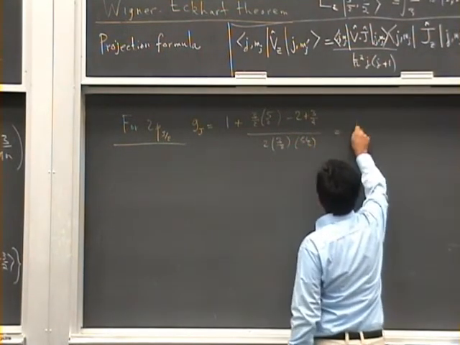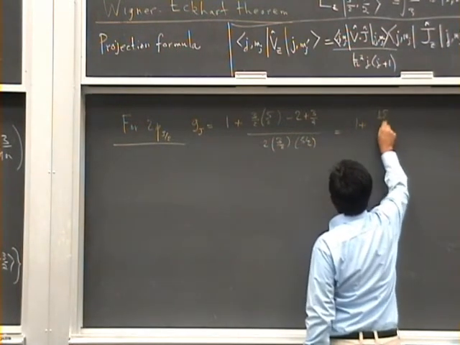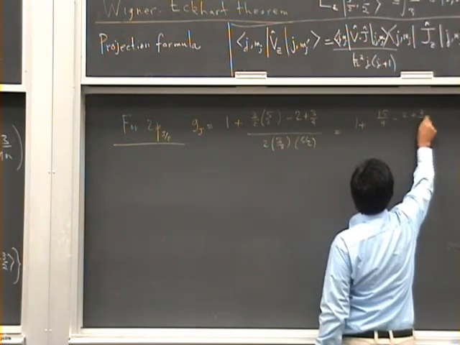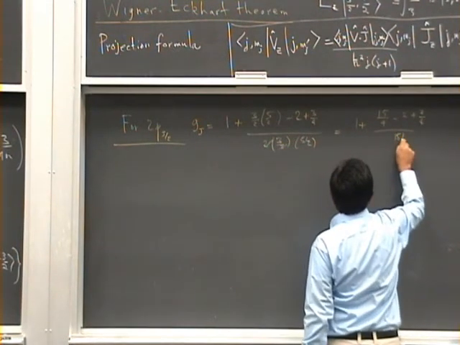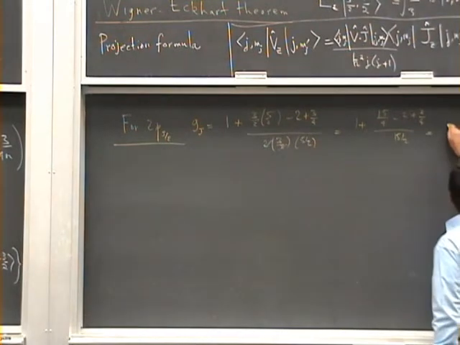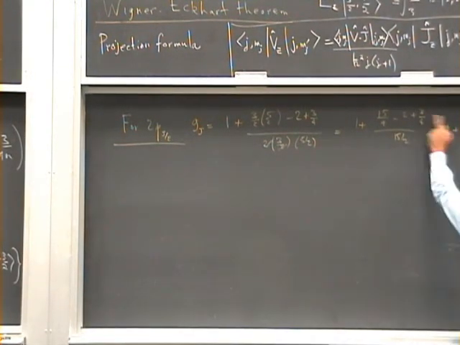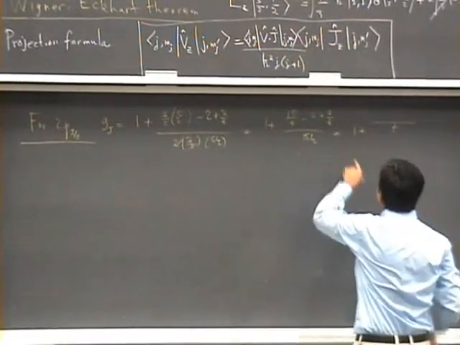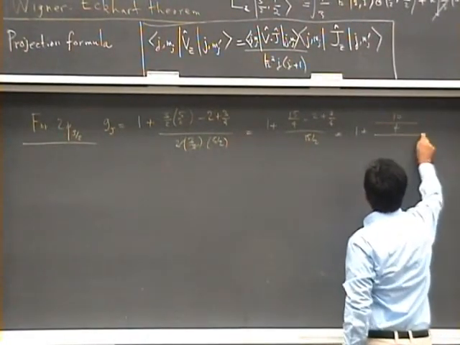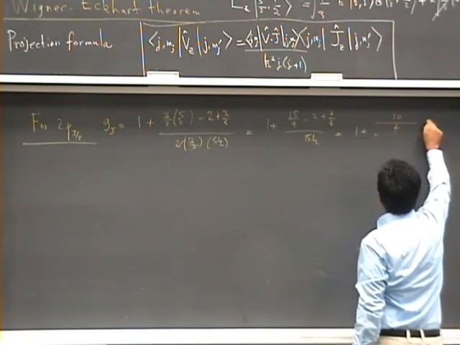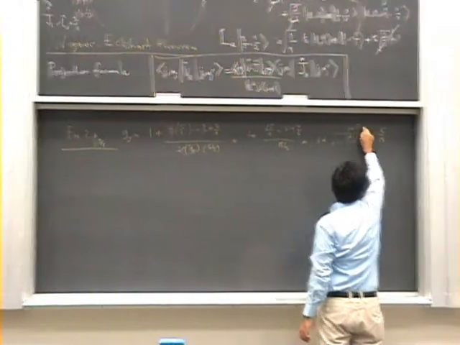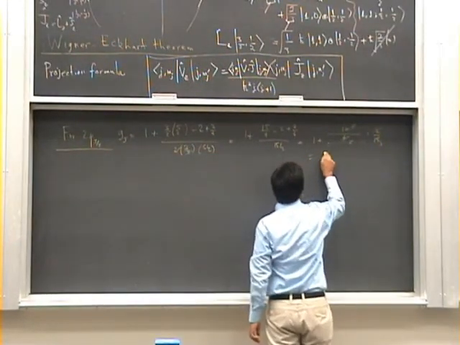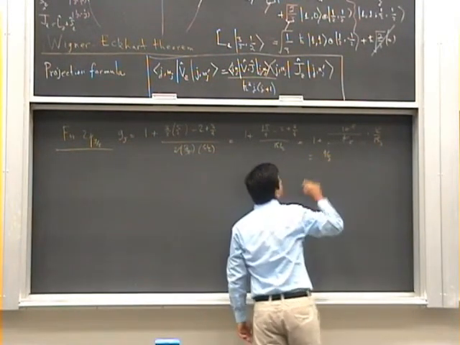So I get 1 plus 15/4 minus 2 plus 3/4, and this becomes 1 plus 1/3, which is 4/3.